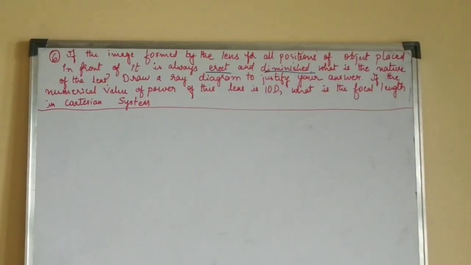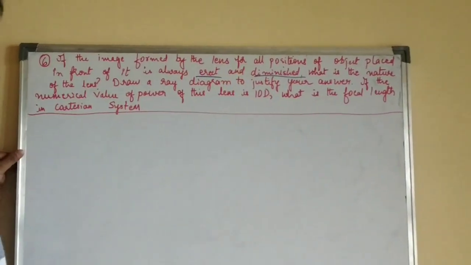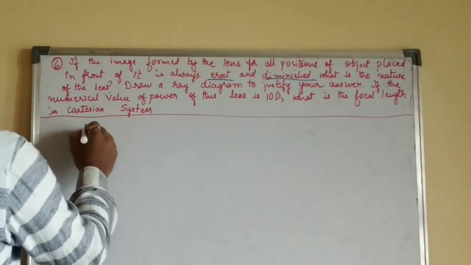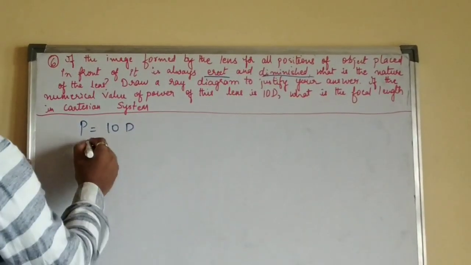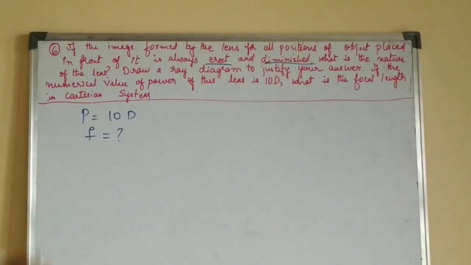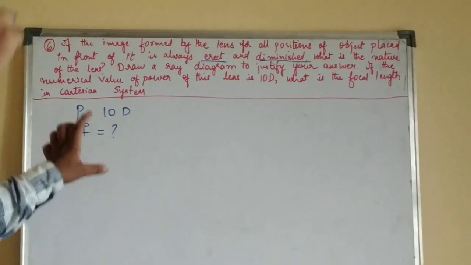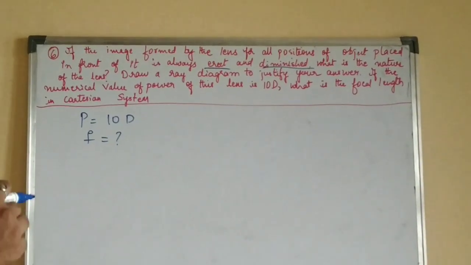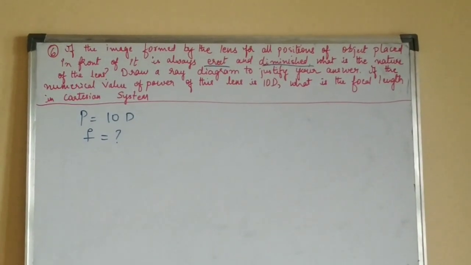Now the numerical value of the power of the lens is given, that is P is given as 10 diopter. What is the focal length in Cartesian system? Now you have the formula P is equal to 1 by F. You cannot take 1 by F. Why? Because P is equal to 1 by F comes into picture when the focal length is in meters.